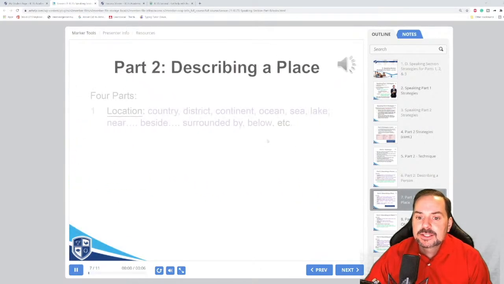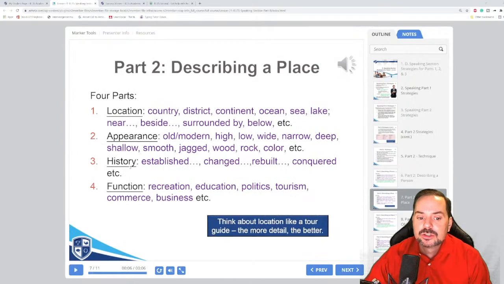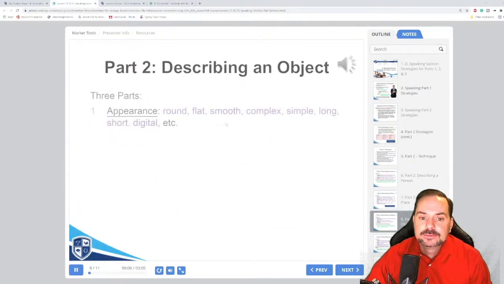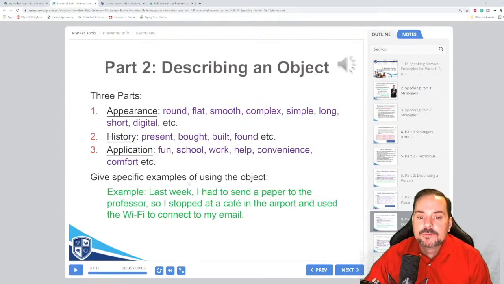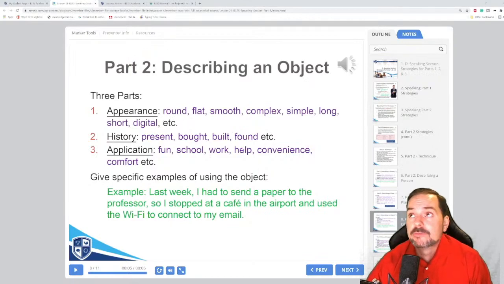Describing a place, okay, location, appearance, history, function, describing an object, okay. So you have all of this here with examples. So for those of you who have access to our premium IELTS package, make sure to use this. So check out the full course and the speaking part for the full course, okay.